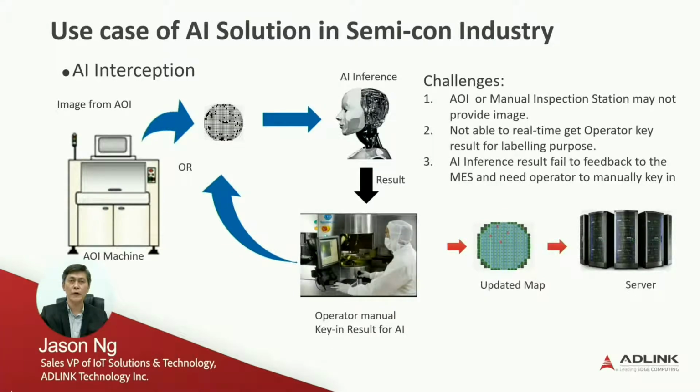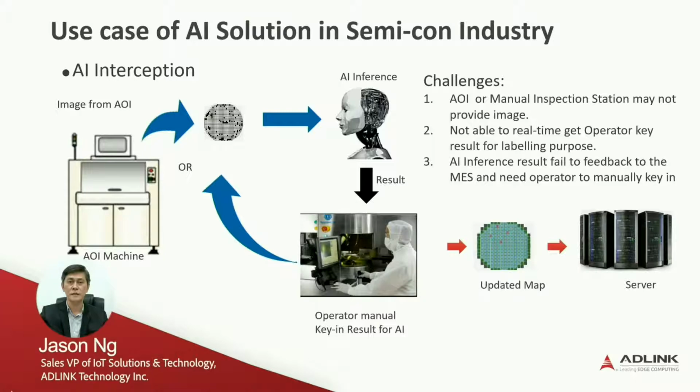In order for AI to work, it needs images and labeling results for training purposes. It will also need real-time images for inference. Unfortunately, the AOI machine or manual inspection station may not provide images for AI training and AI inference.